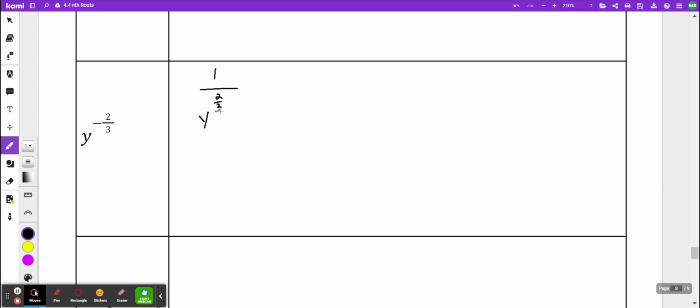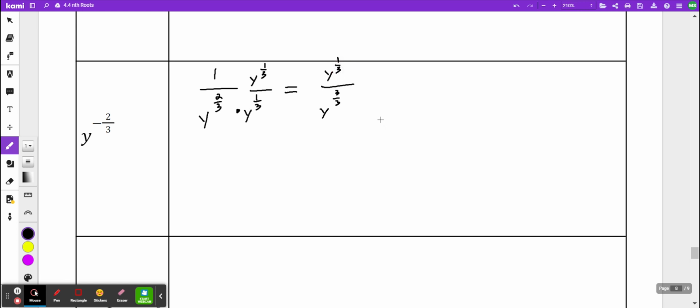Well, I want to have a whole number right here. So 2/3 plus what equals 1? 1/3. So I'm going to multiply by y to the 1/3 over y to the 1/3. So that's going to give us y to the 3/3 under y to the 1/3.